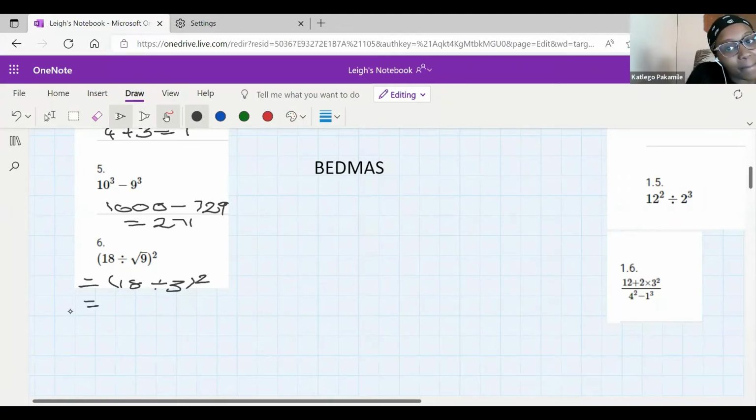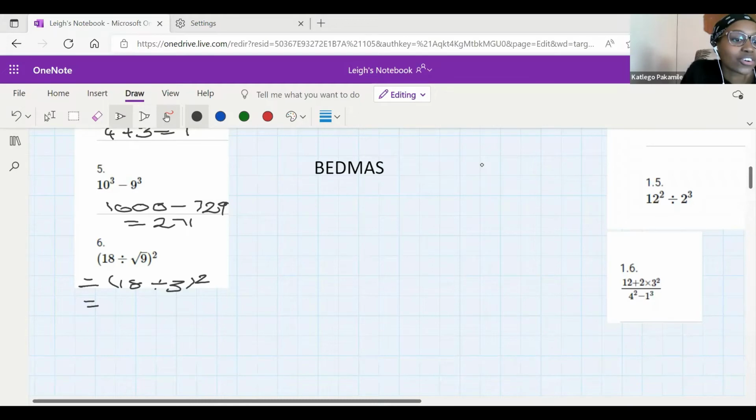And then I first changed 3 to the power of 2 to 9. Okay, no, let's go back to our rule on the side, right? So inside the bracket, I first divide.